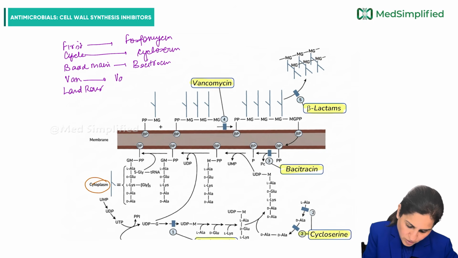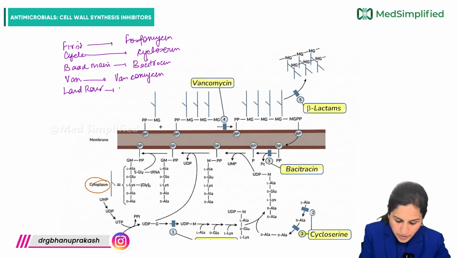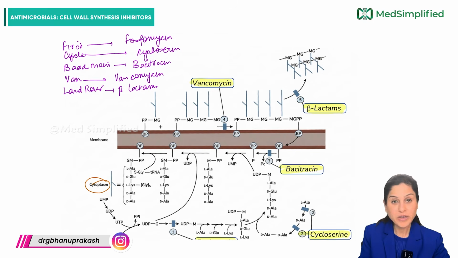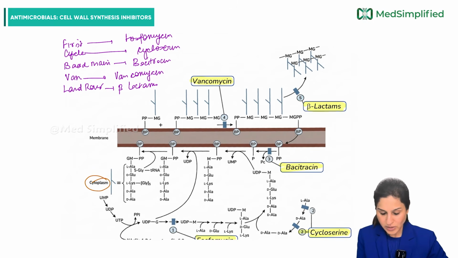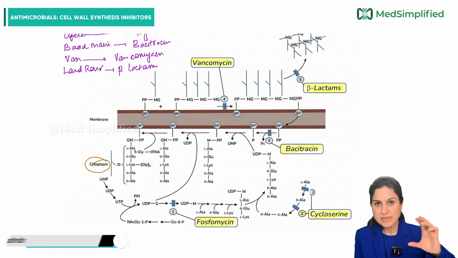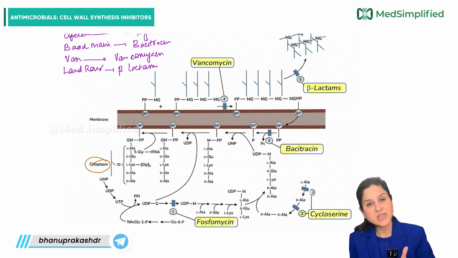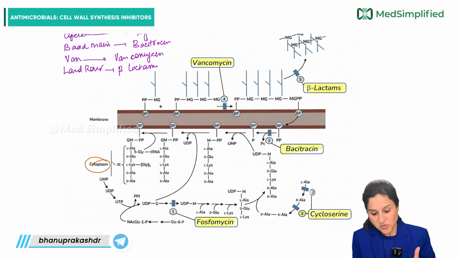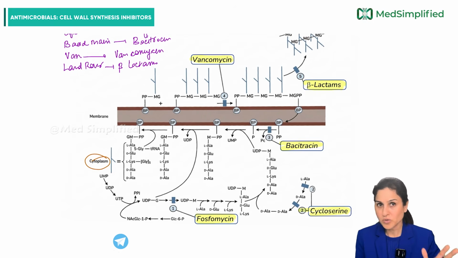Van stands for vancomycin, and Land Rover stands for beta-lactams. So this is how you remember from inside to outside. In case you're given a site and asked to identify which particular antimicrobial acts on it, remember the sequence. Remember, this is from inside to outside. If it is from outside to inside, the sequence would change.